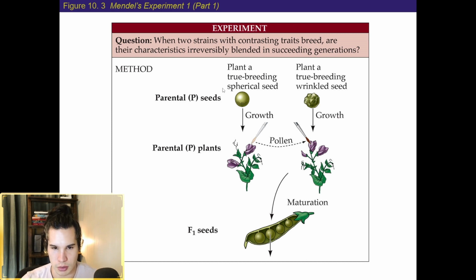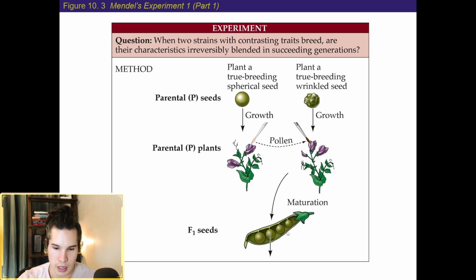To use this as an example, in the P generation, which is the parental generation, he had a true breeding spherical seeded plant and a true breeding wrinkled seeded plant. And so he cross-pollinated those, and all of their offspring had spherical seeds. So that would imply that the allele that contributes to spherical seeds is probably dominant, whereas the wrinkled seed is recessive.